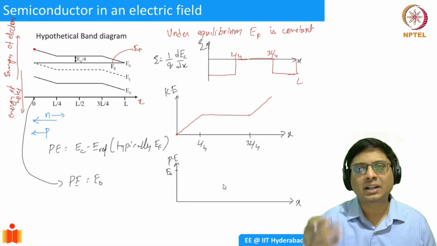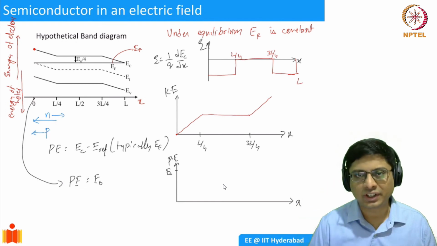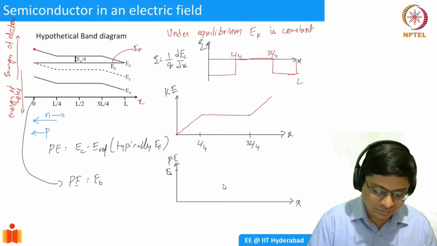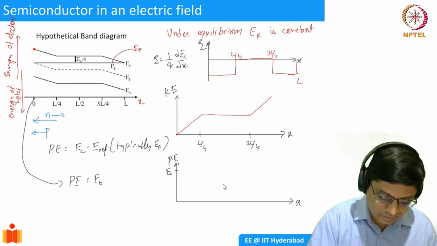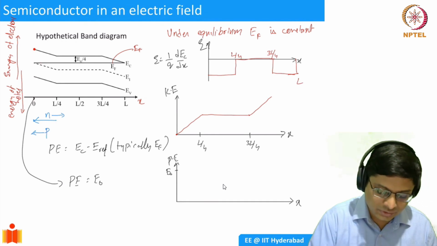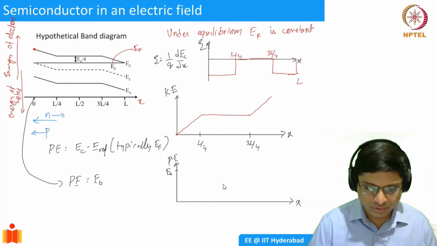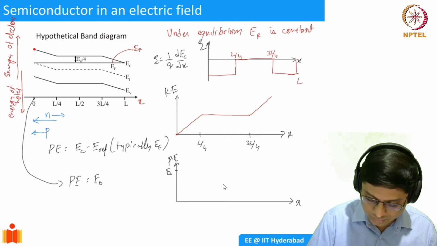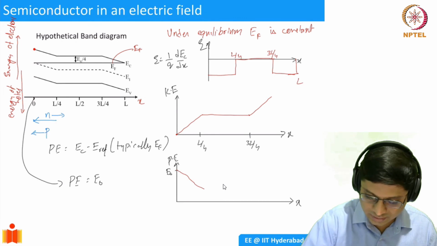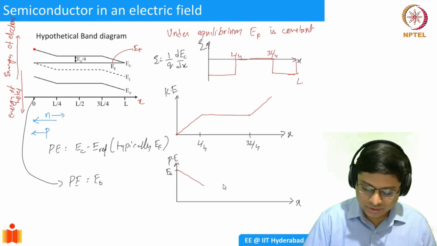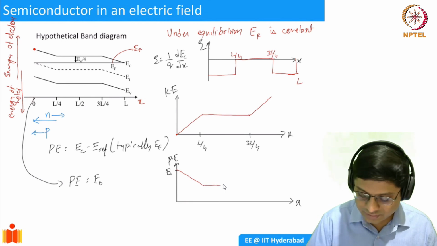So we started out with E naught here, because essentially at that point your kinetic energy is 0. So whatever energy there is, E naught, is the potential energy. And as the electron traverses, what is happening? This is your potential energy definition, basically the distance from EF. As it travels, the bands are bending, because of which your potential energy is going to reduce. It's going to reduce, and then the bands are constant, so it's going to be flat like this.